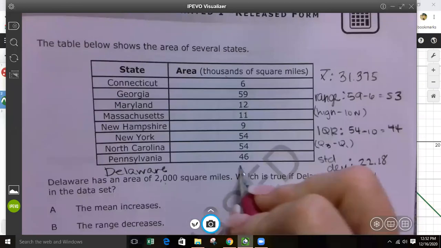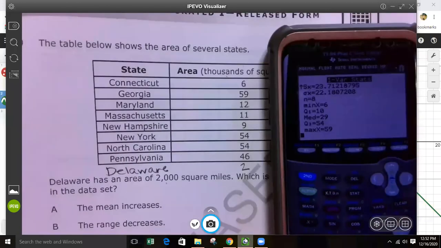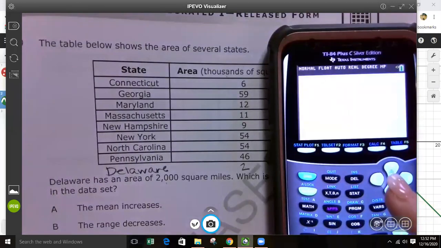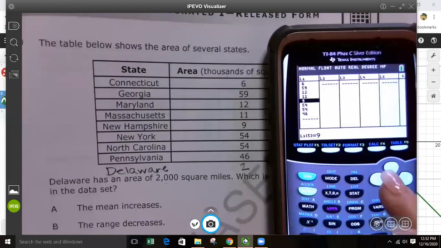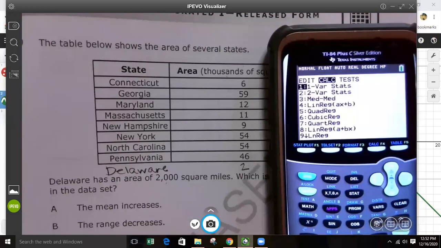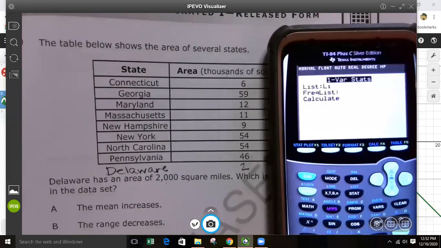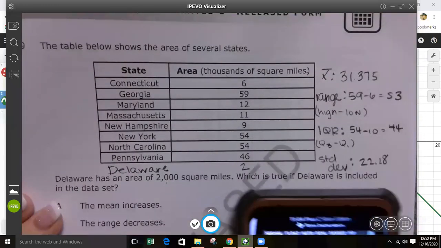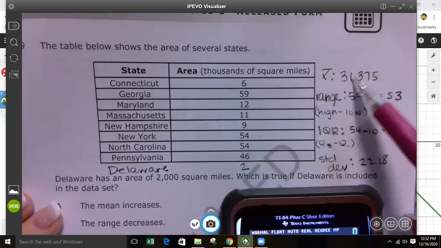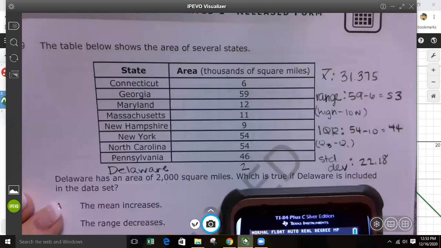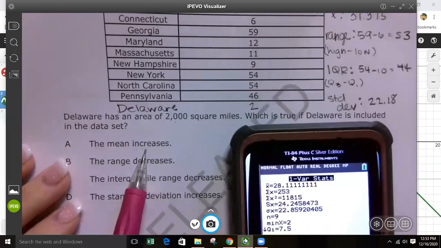2. Thank you. So we're going to go back to our stat and edit, and we're just going to add a 2 at the bottom. And we're going to see how these things change. Stat, calc, 1-bar stats. Throw them in there. So the mean was 31. Now it's 28. Did it increase?